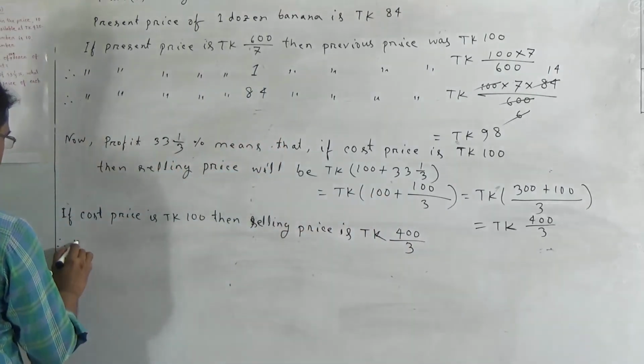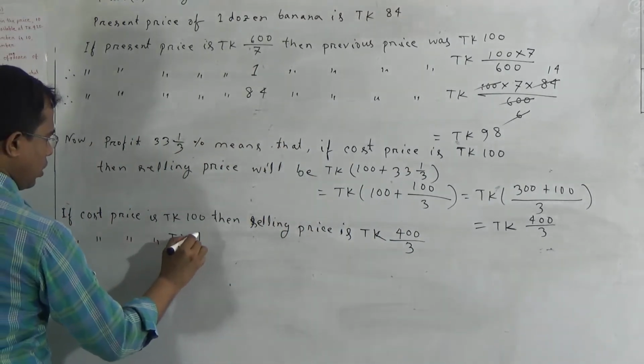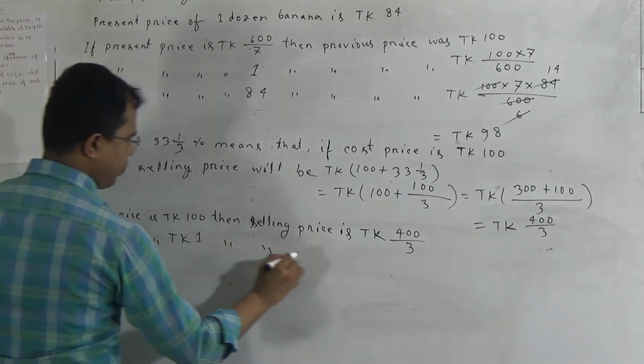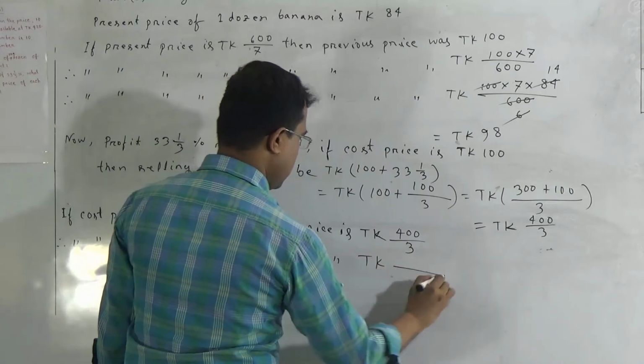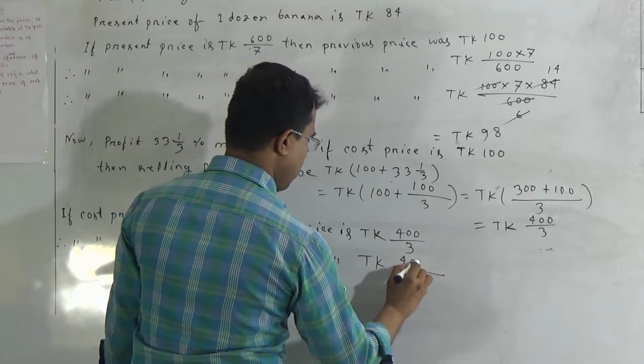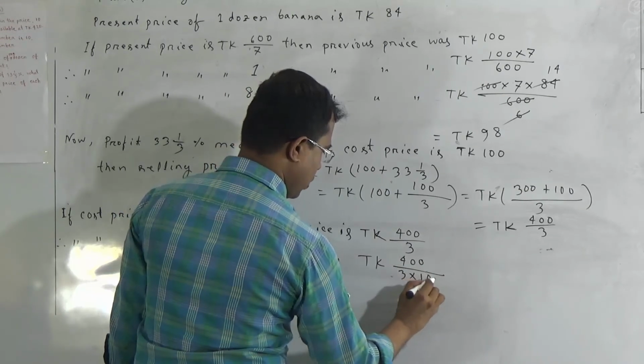Therefore, if cost price is TK 1, then selling price is TK 400 by 3 multiplication 100.